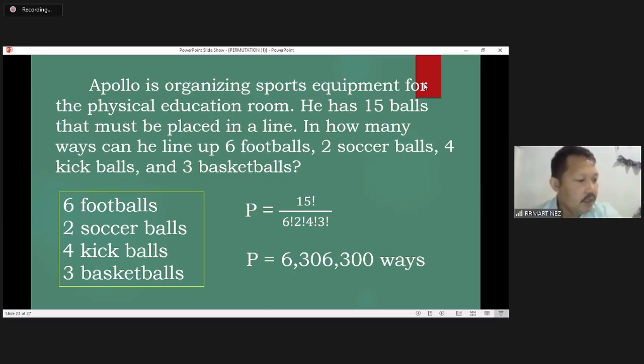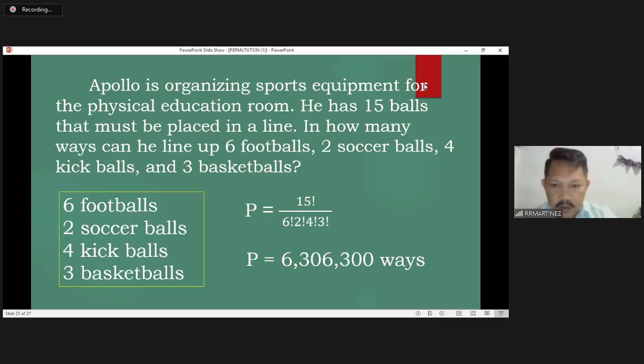Lexin Jos Diano, Hartzell. Okay, Carl Santos, you are very good because you got the correct answer, 6,306,300. And then Angel J. Elmido, you got the correct answer also, 6,306,300 ways, as well as Maki Lopez, Brent Christian.